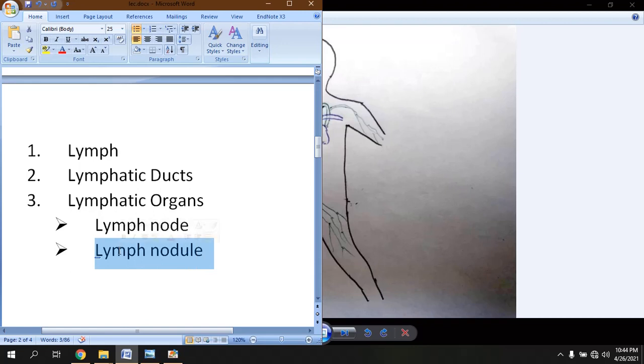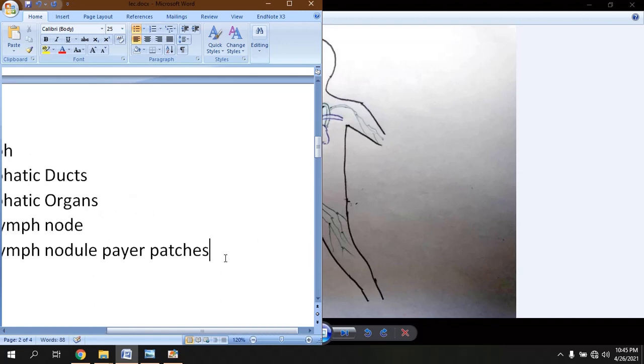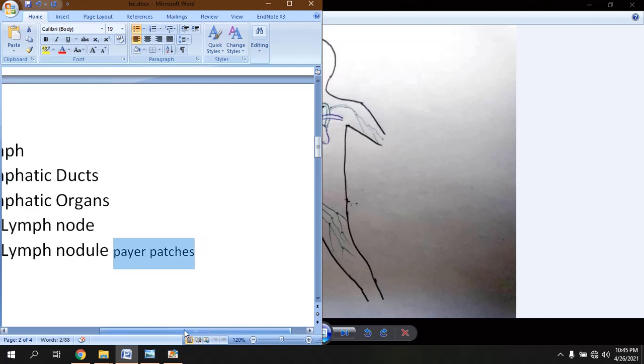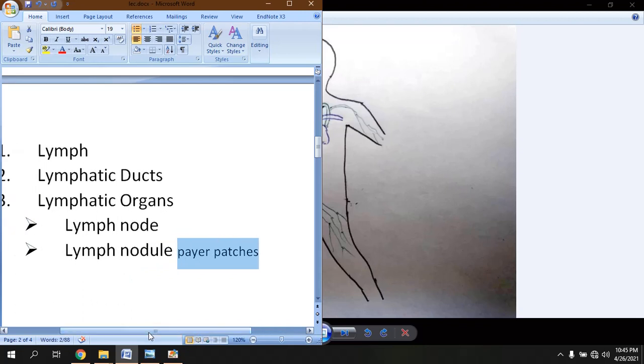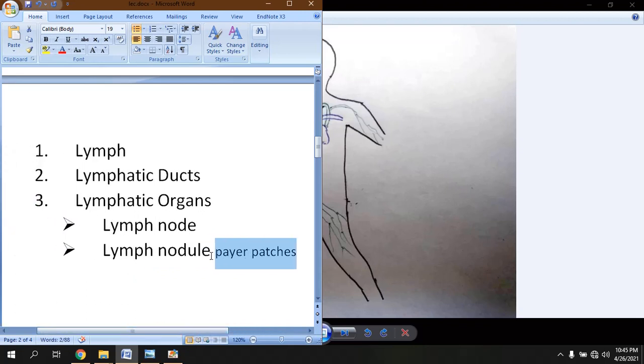The best example of the lymph nodule is the Peyer's patches, which are groups of nodules present all around the intestine inside the abdominal cavity. So the lymph nodules are not considered as lymphatic organs.